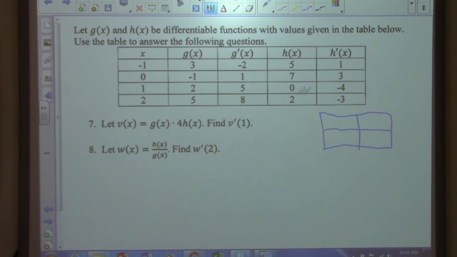So up here, I'm going to put g of 1, g prime of 1. Down here we have 4h, right? So put 4 h of 1, and then 4 h prime of 1. And we do that, we go down 1, right? We see g, which is 2. What is g prime? 5.